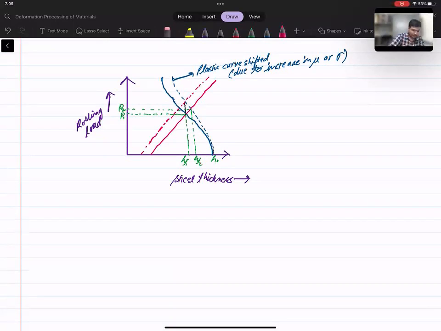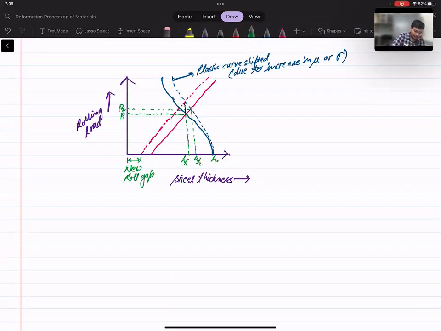So this means that in order to shift this elastic curve towards left, we need to reduce the roll gap, as it can be seen from here. This is the new roll gap that we need to maintain. New roll gap. Okay.